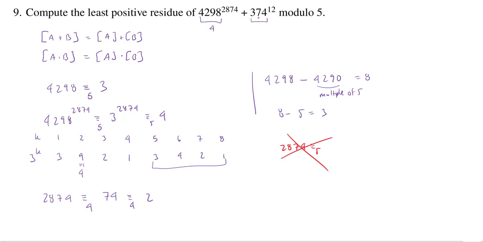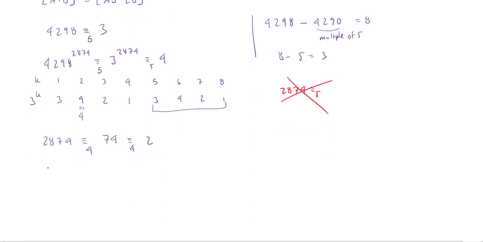Now, I still have to do this 374 to the 12th. Well, we're going to proceed in the same way. 374 modulo 5. It's easy enough. I can get rid of 370, and I'm just left with a 4. And now I need to take 4 and raise that to the 12th power, modulo 5. So let's start looking at that. So 4 to the k.